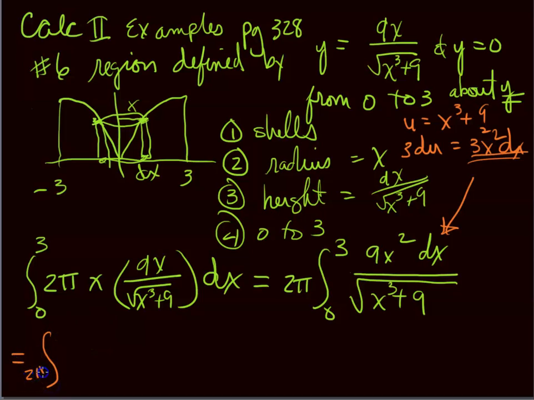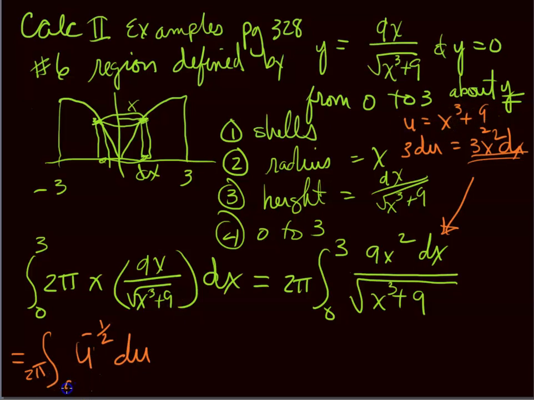The 2 pi doesn't change, that's constant. We've got the du in the numerator and the square root in the denominator, but I'm going to write that as u to the negative 1/2 du. But you got to use these limits of integration. So back over here with u, plug in a 0 and you get 9 for u.